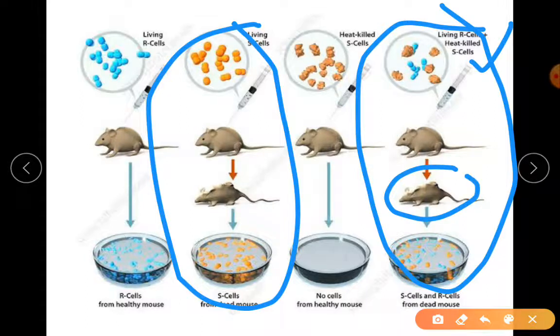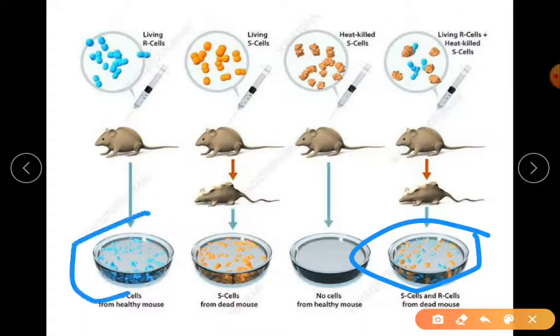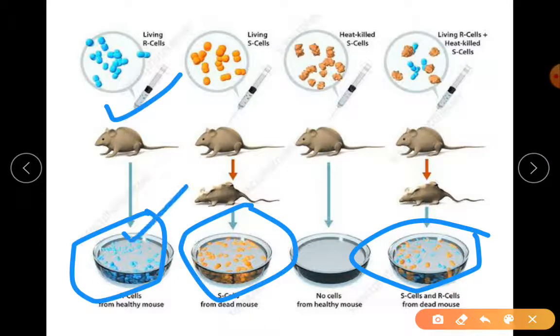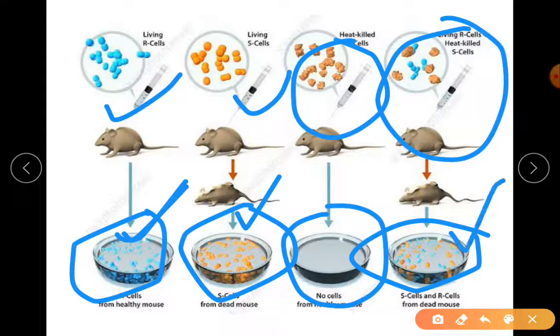The reason behind it was found when we took the blood and cultured it. In the first two plates you will observe the R strain has rough colonies and the S strain has smooth colonies. When you heat kill the S strain, of course it is dead, nothing will form. Whereas when you mix these two, see what is produced.